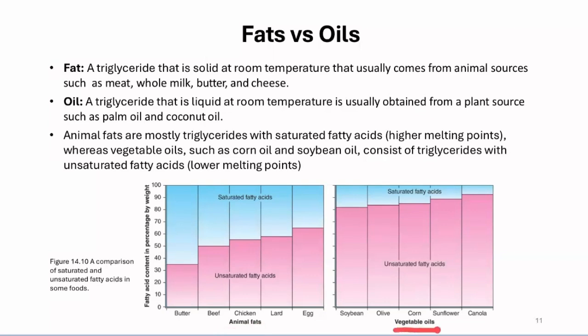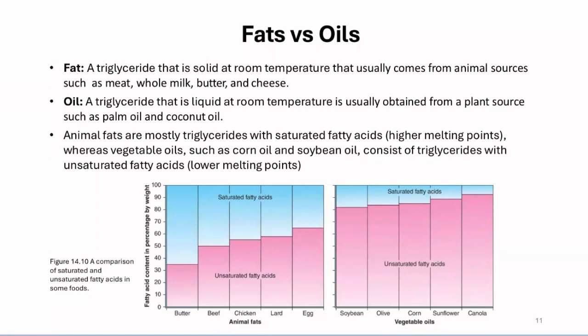Animal fats are mostly triglycerides that have saturated fatty acids. And as we saw before, if you have a high number of saturated fatty acids, you tend to have a higher melting point.